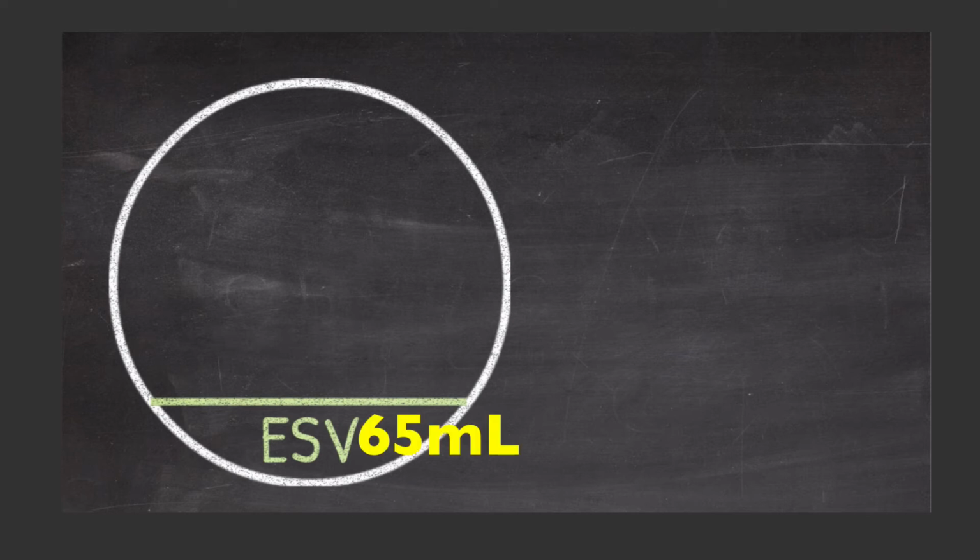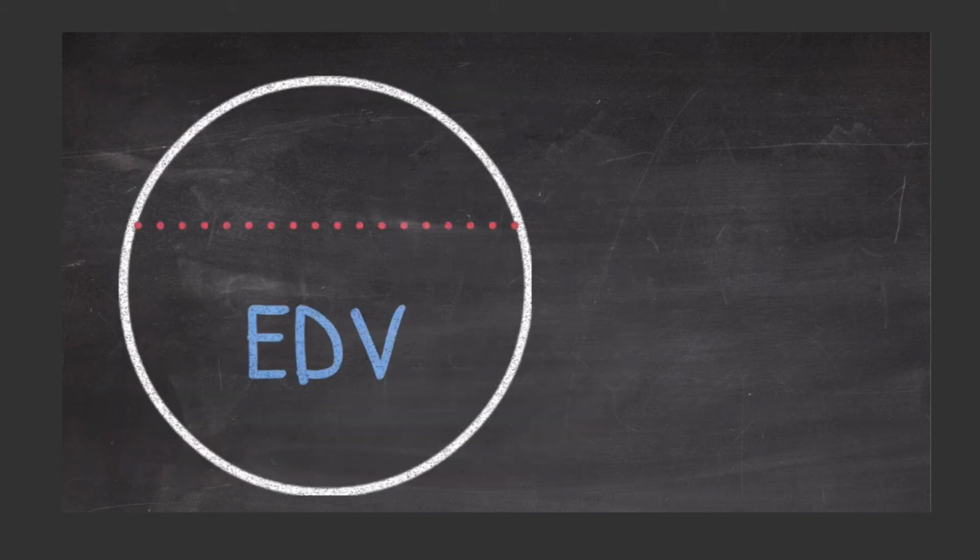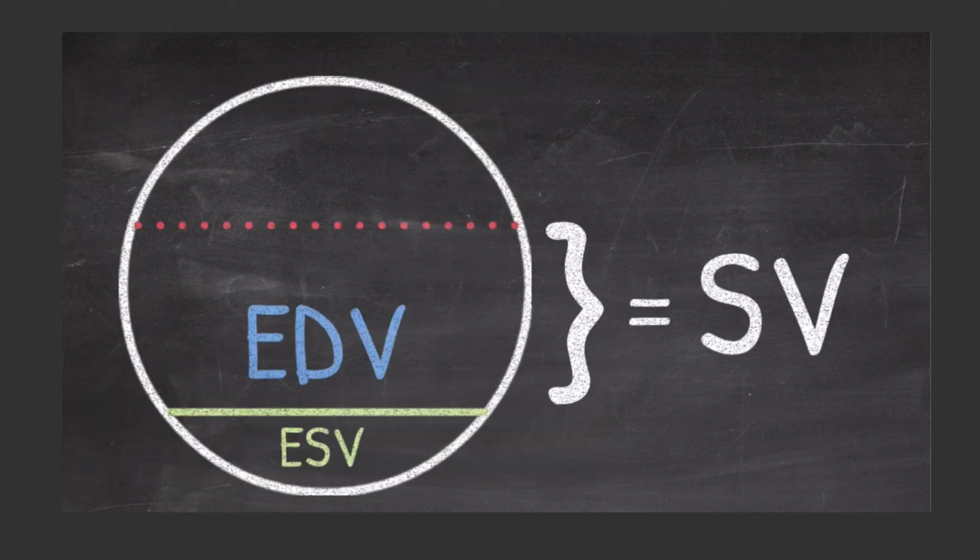So after one ventricular contraction, there is still some blood remaining in the ventricles, in this case in the left ventricle. So to determine stroke volume, we just subtract ESV from EDV, and that'll give us the amount of blood that was ejected after that one contraction. So keep in mind, end diastolic volume is the whole volume up to this red line.